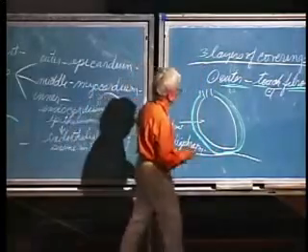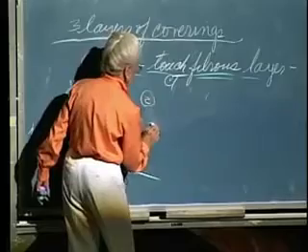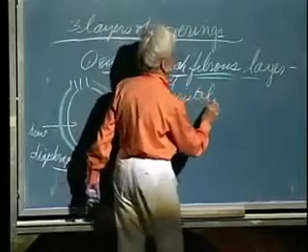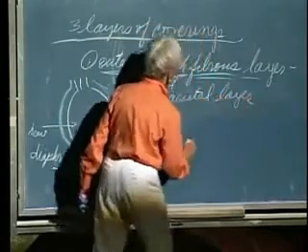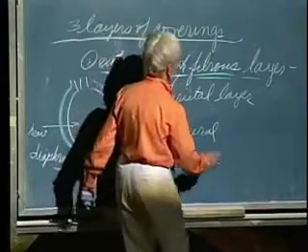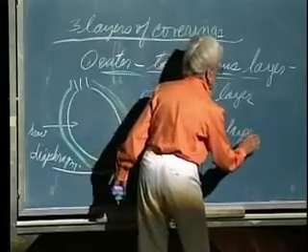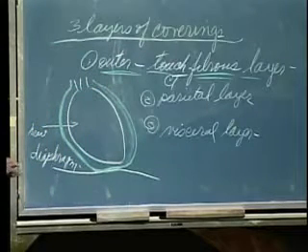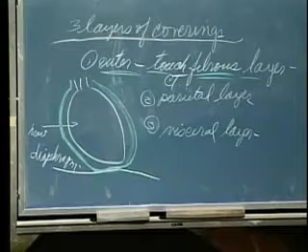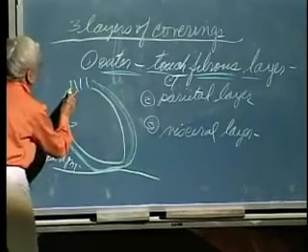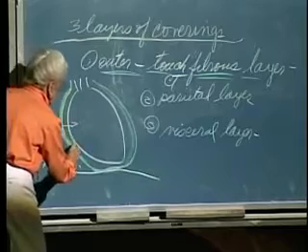Then the other layers, 2 and 3. This one is the parietal layer. And this one is the visceral layer. These are terms we introduced in the first terminology lecture. So the parietal layer means wall. It's going to be adherent to this tough fibrous layer.